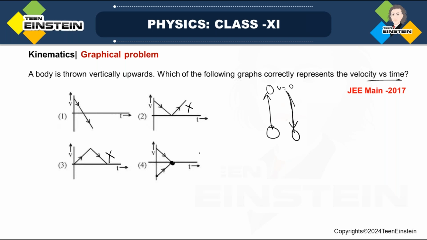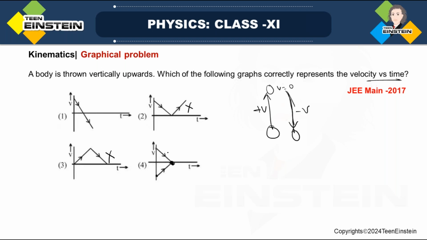Suppose this side is positive, at this point it is zero, and then on the negative side it is increasing. But this is saying that when t is equal to 0, you have thrown, at that time velocity was maximum. At a certain time it becomes 0, and then velocity reverses its direction.